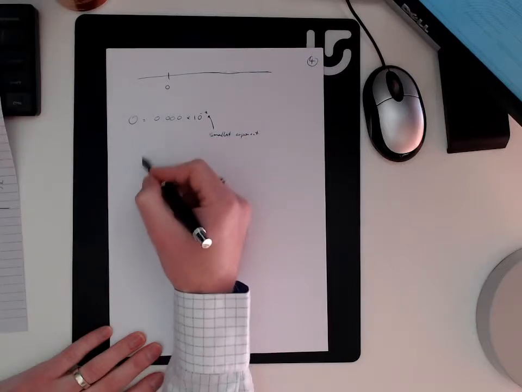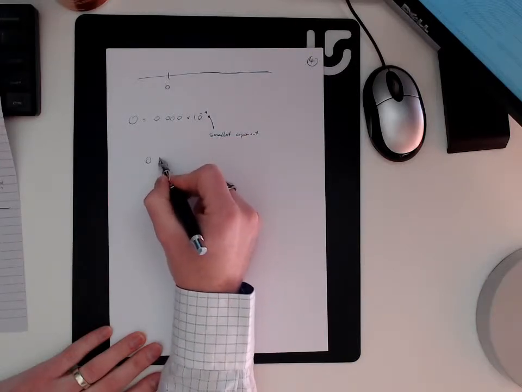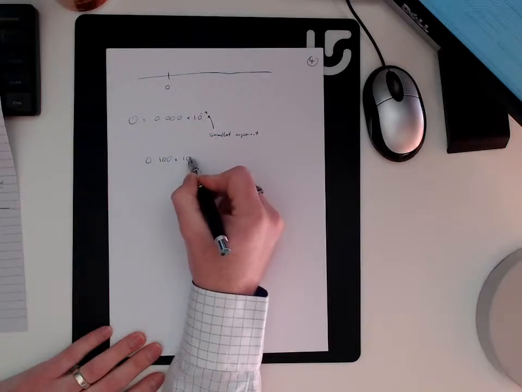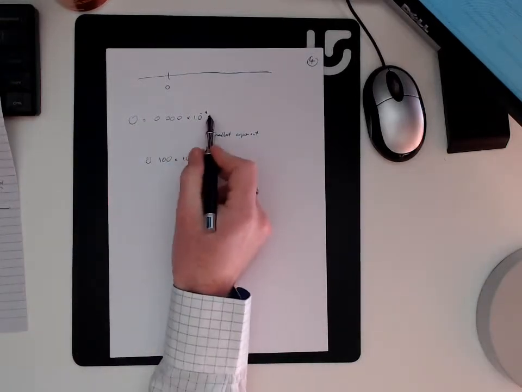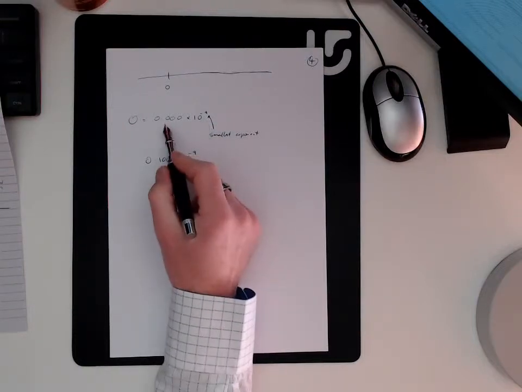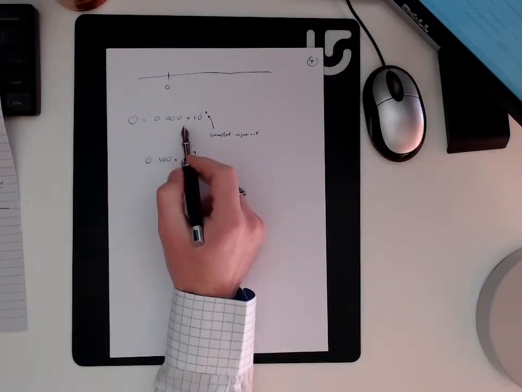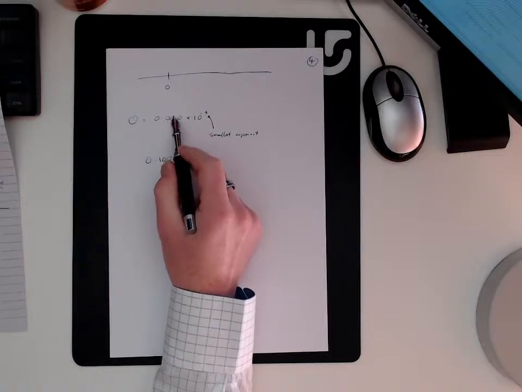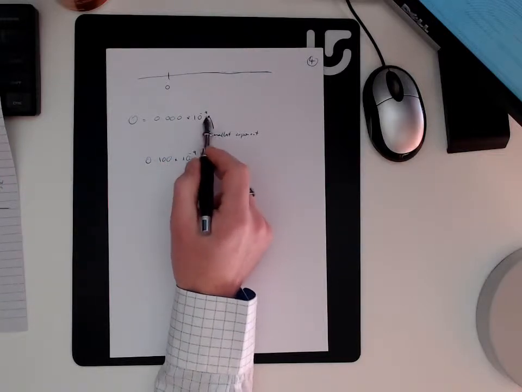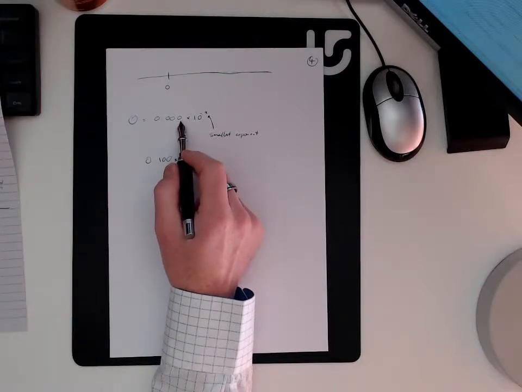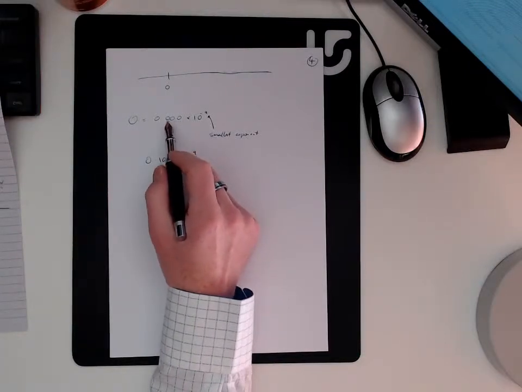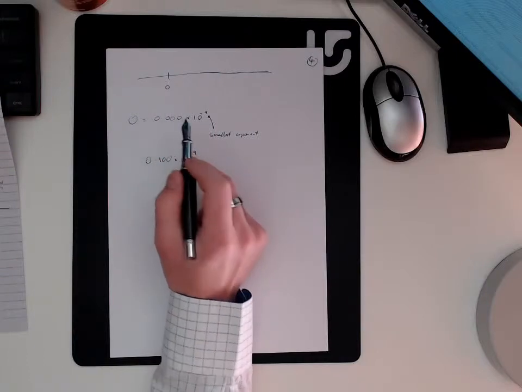Positive. Well, I claim that it is this one. Why? We're going to keep the exponent the same, of course, and this needs to be non-zero. So we could put a 1 here, or here, or here. If I put a 1 here, that's not valid notation, because I need to have a 1 here.